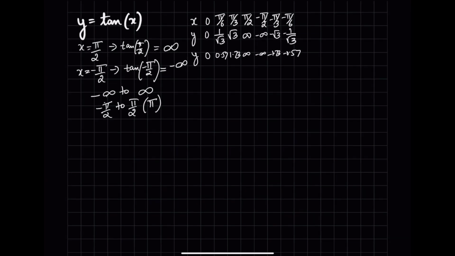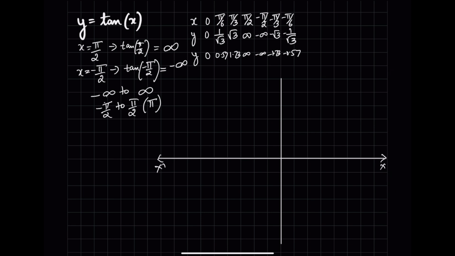Okay, now we have found the values of tan at different angles. Let's start to plot the graph. So this will be our y-axis and this will be our x-axis. So this is 0 degrees and every unit we will consider to be 30 degrees.